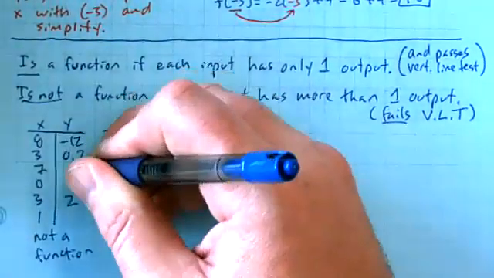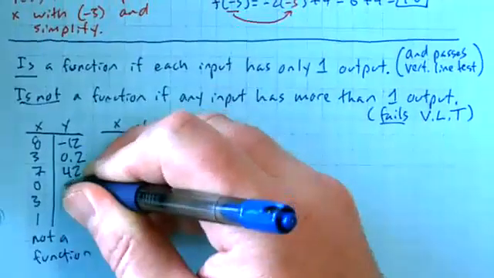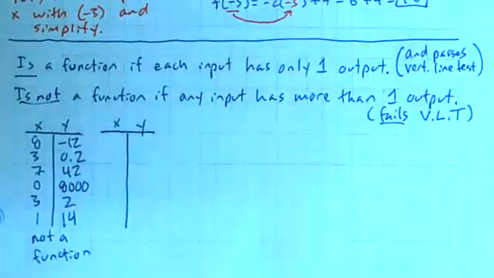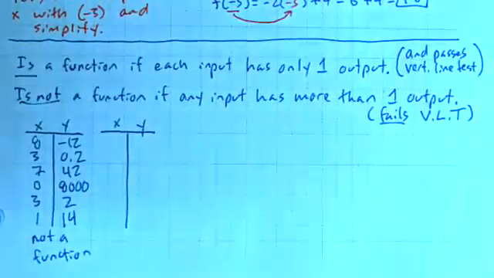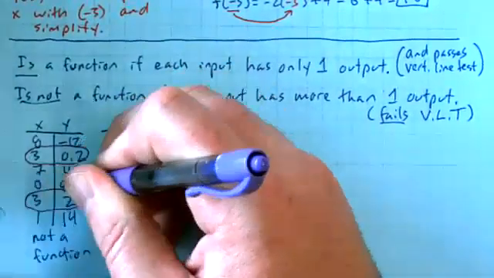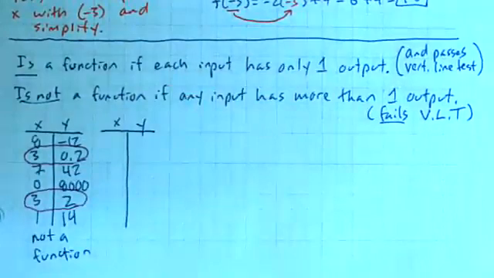Negative 12 and 42 and 8,014. But really the important thing is that we've got a single input, 3, that has 2 different outputs. That's not a function.